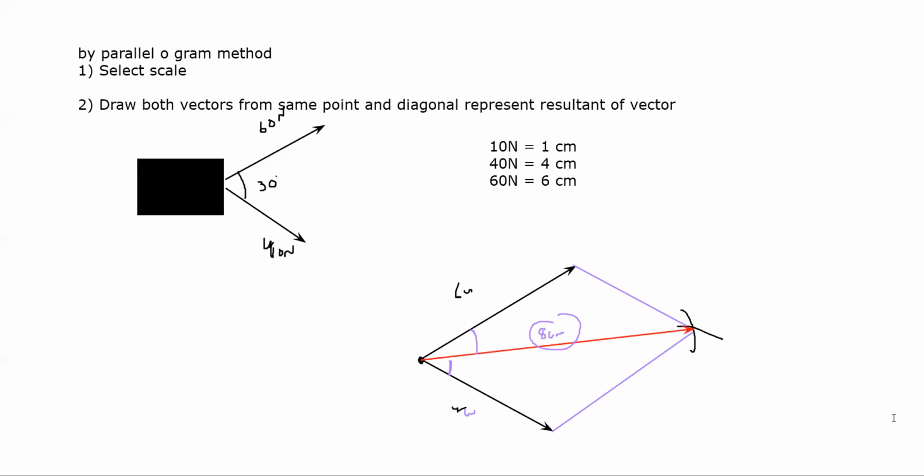In the same way, you can use the triangle method. What is the triangle method? In the triangle method, you also select a proper, suitable scale. But this time, the two vectors should be the sides of a triangle.